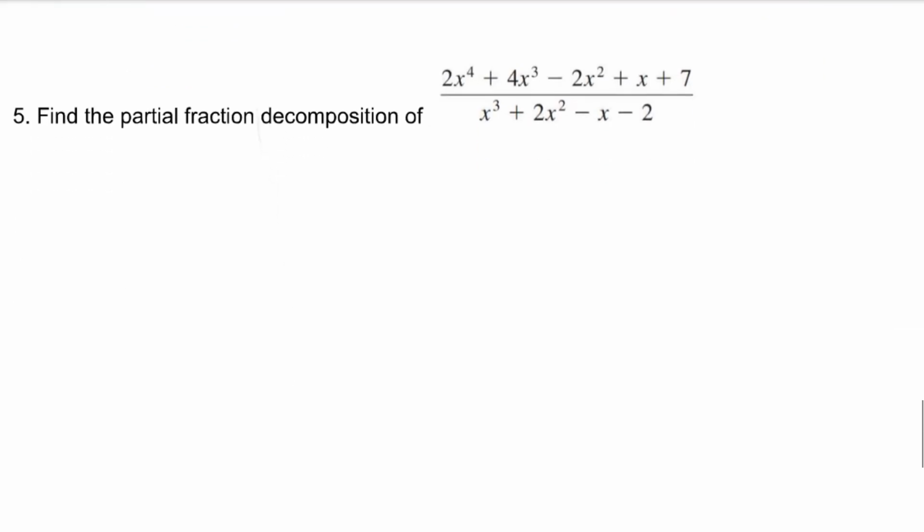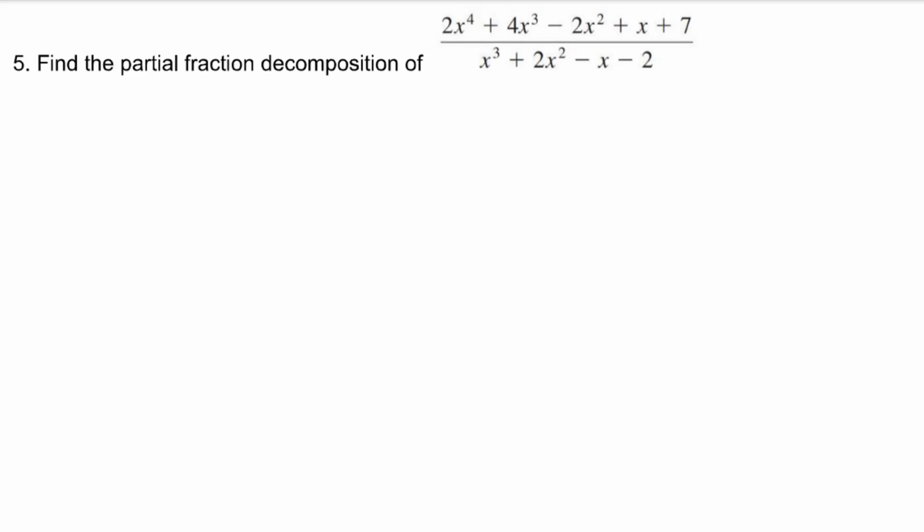For number 5, notice that the degree of the numerator is greater than or equal to the degree of the denominator. That means this is an improper fraction, and we must use long division before decomposition.